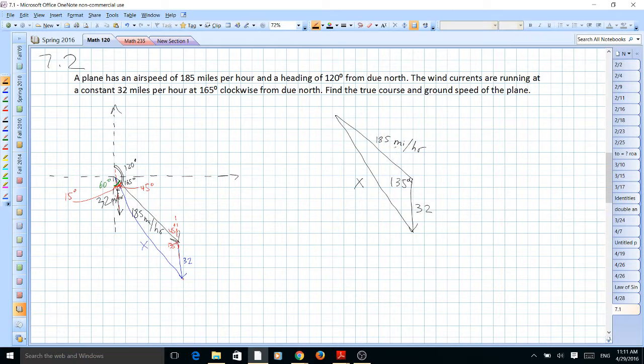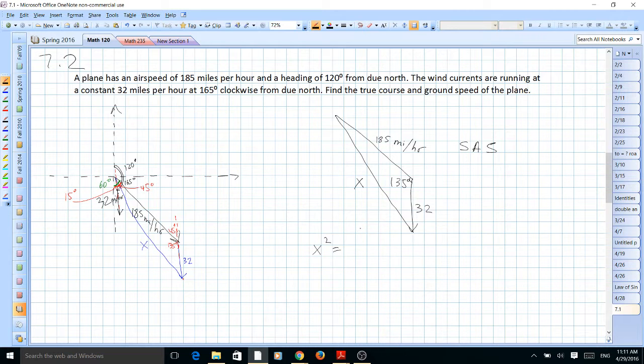At this point, I notice I have side, angle, side, I'm in the perfect scenario for law of cosines. The setup is then very easy once you figure out what is going on with the picture.